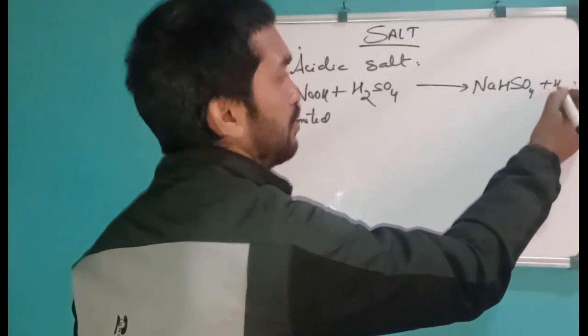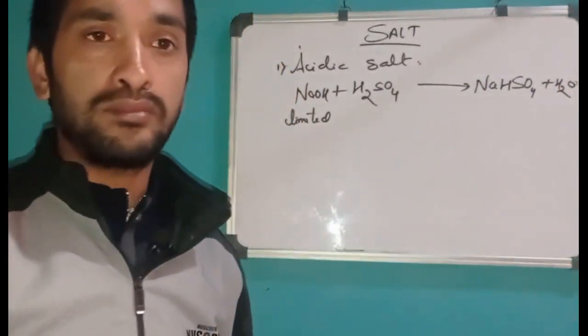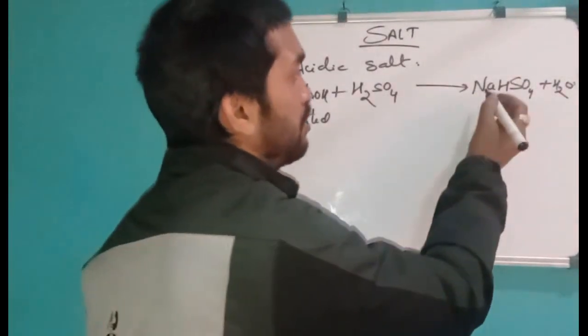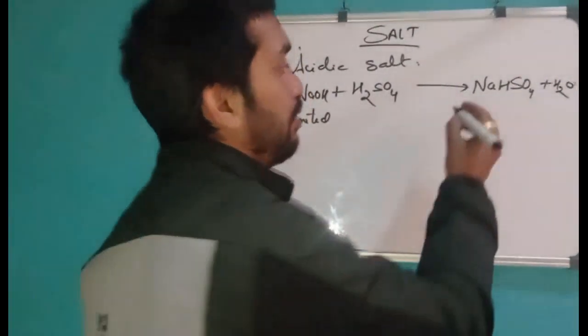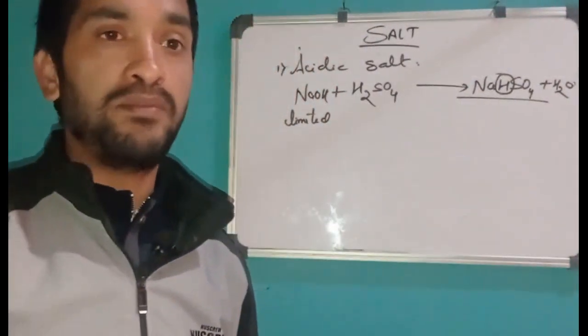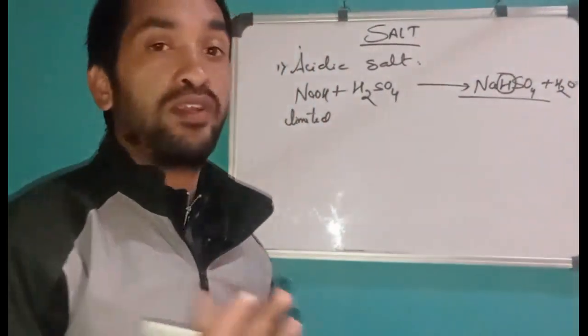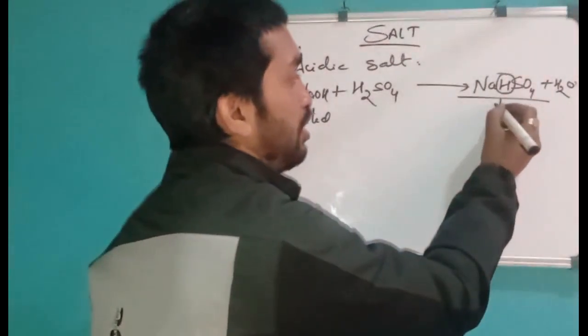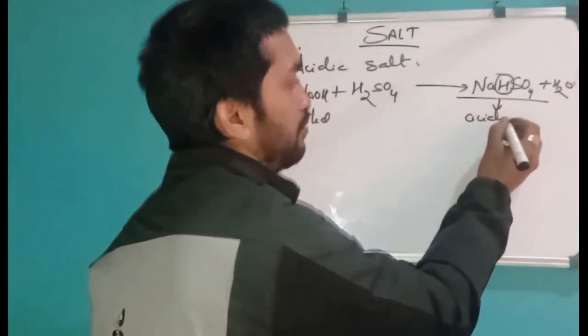NaHSO4 plus H2O. Now focus on the salt. The salt that you are getting is sodium bisulfate. So here you can see that H is there. That means if I dissolve it in water, I will get H positive ion. If I get H positive ion, it means it will show acidic property.